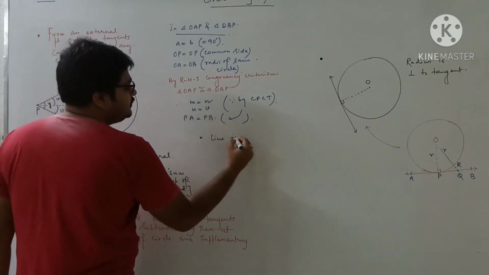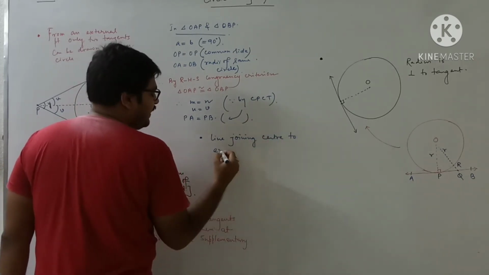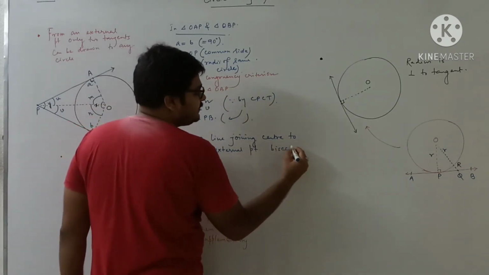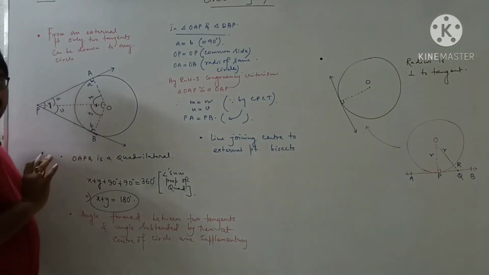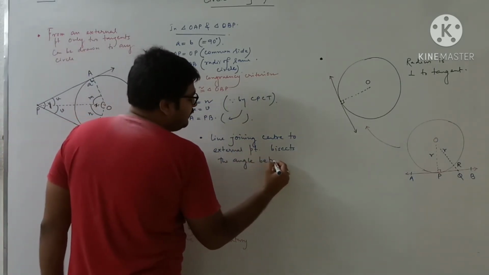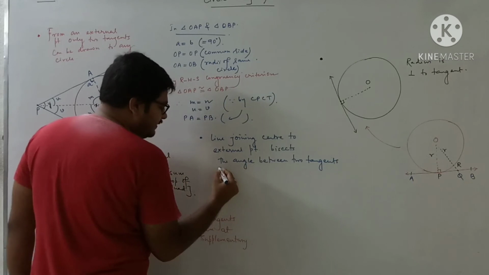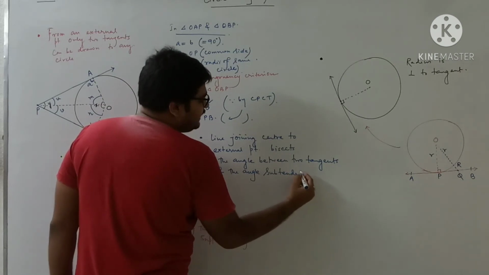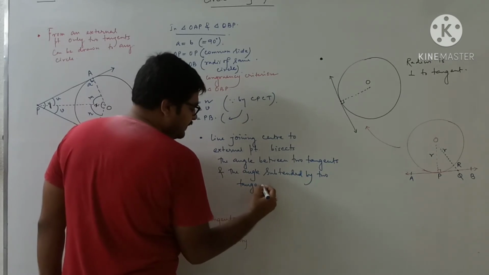Line joining center to external point bisects, which means divides into two equal parts, U and V are equal, M and N are equal, bisects the angle between two tangents and the angle subtended by two tangents at center.